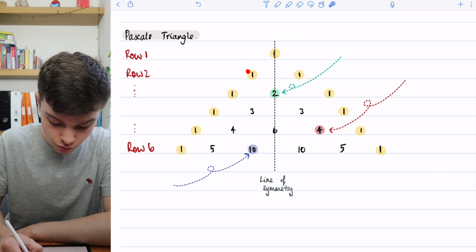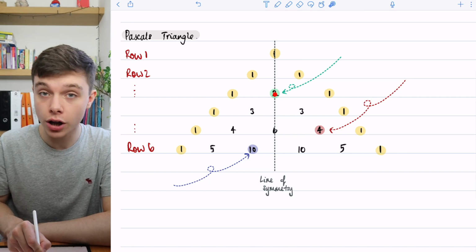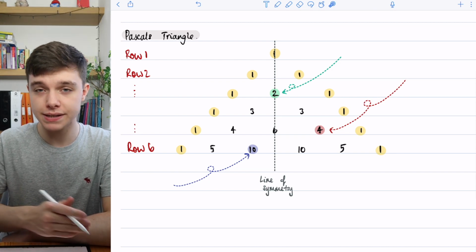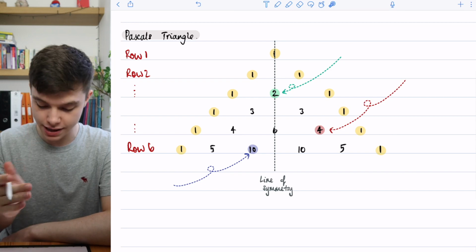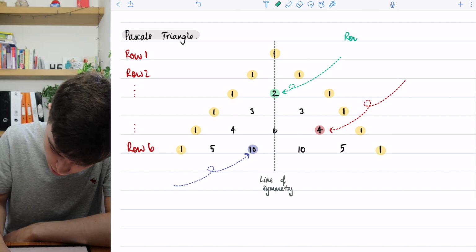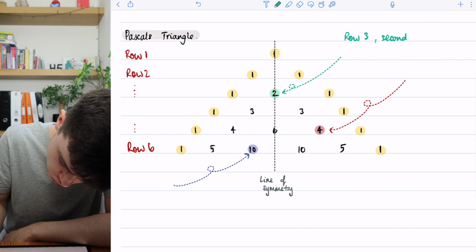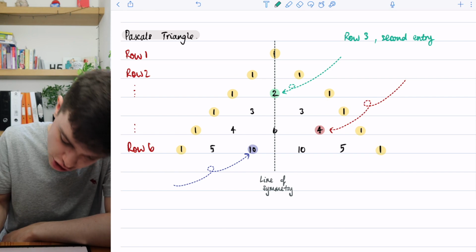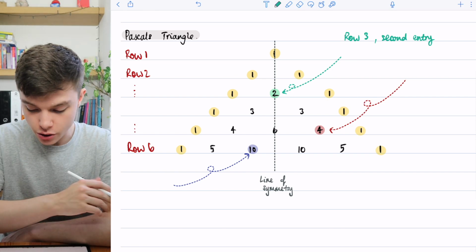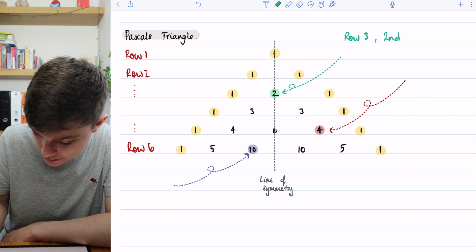We've gone row 1, row 2, row 3. And it's the second one along in row 3. So it's in row 3 and it's the second entry. Let's write that here. Row 3, second entry. Now, with combinations, all we do, in fact I'm going to write that as a number so it stands out, second entry.